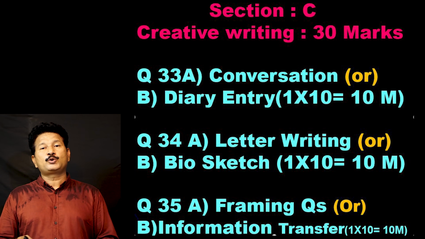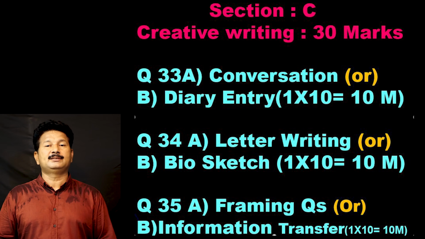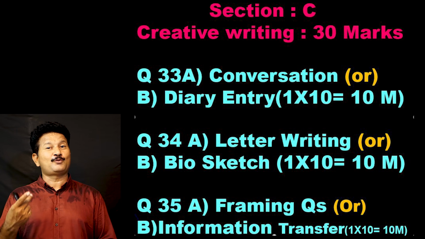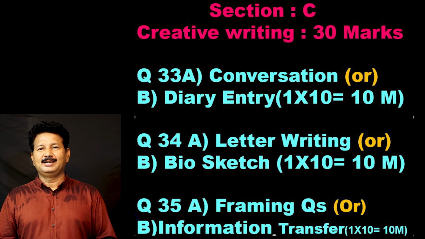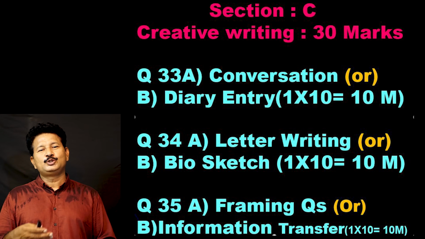There won't be much scope for losing marks. But in terms of framing questions, if you make any mistake, you may lose 2 marks or 1 mark for each question. So if you have time for the last question, I suggest you work with both framing questions and write the information transfer also. If you're able to write all the questions correctly, you'll get 10 marks. So the scoring marks is that one only.